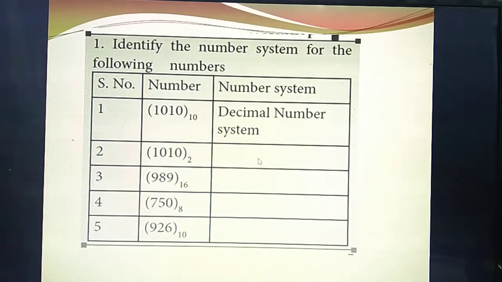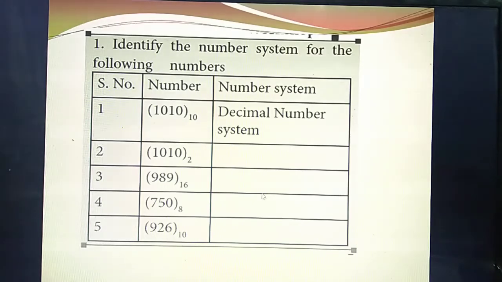All of you take your computer notebooks as well as computer textbooks in your hand. In your computer notebook, last class we wrote 4 problems, isn't it? After that, you should write this tabular column. Draw it with a pencil and scale, then write. You can also write it in your notebook afterwards.